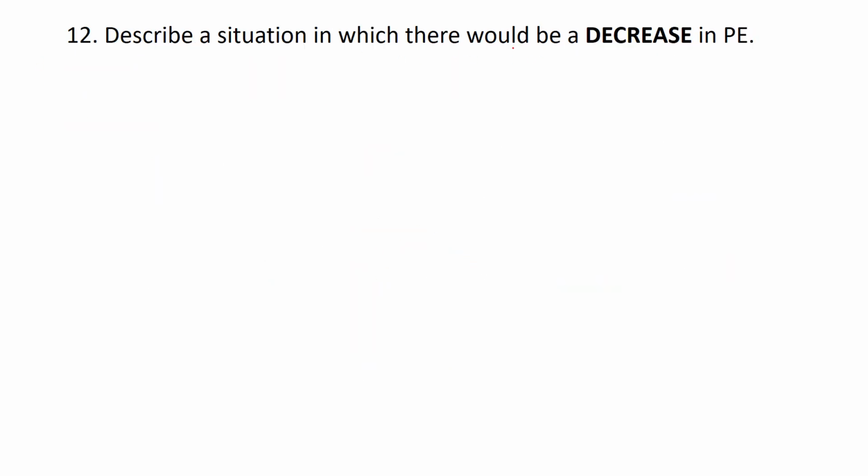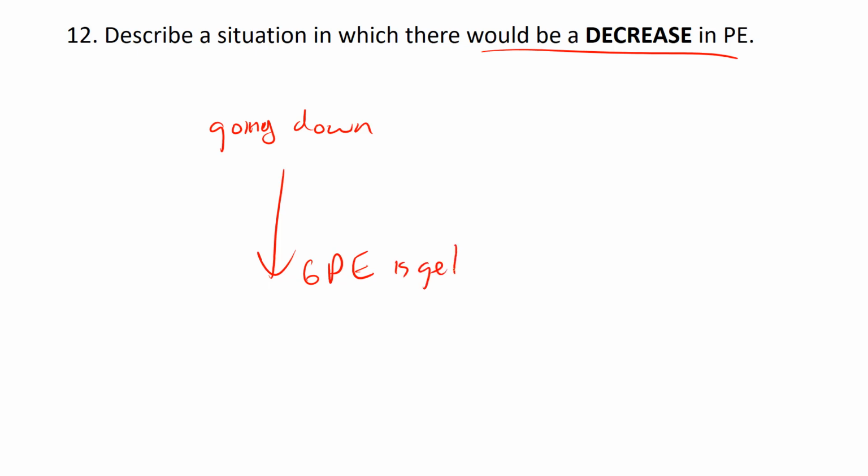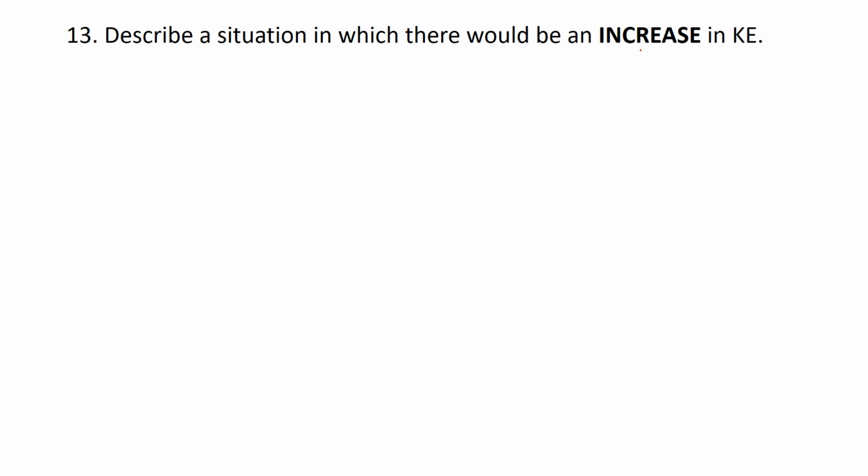Describe a situation where there would be a decrease in potential energy. A decrease in potential energy would be if you were going down. Going downwards, your PE, specifically gravitational PE, is getting smaller. Okay, so that's the situation. Any sort of going down would be that. Would increase in KE, so KE equals 1/2 mv squared.